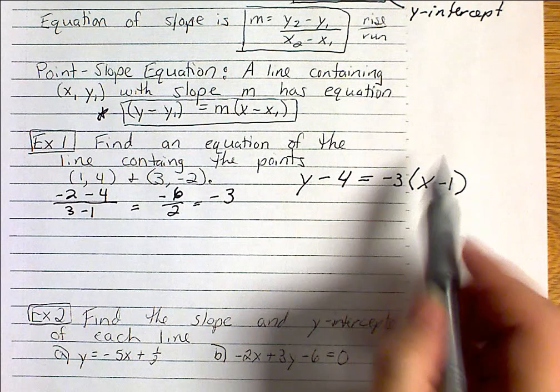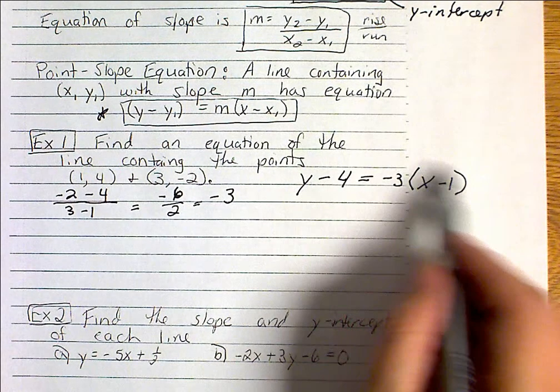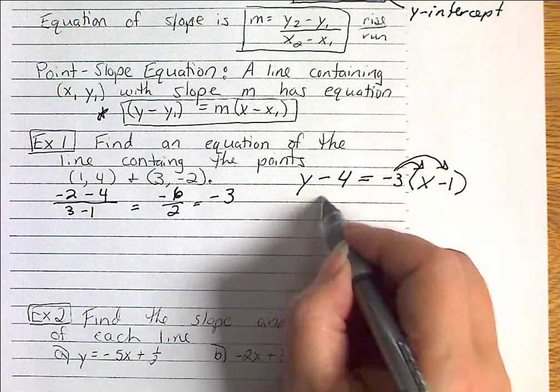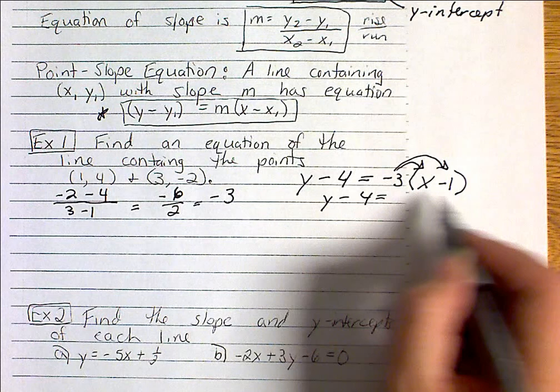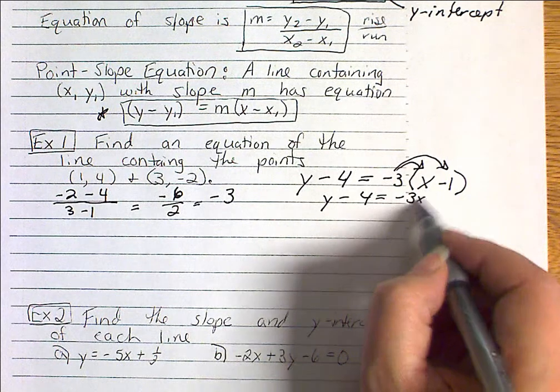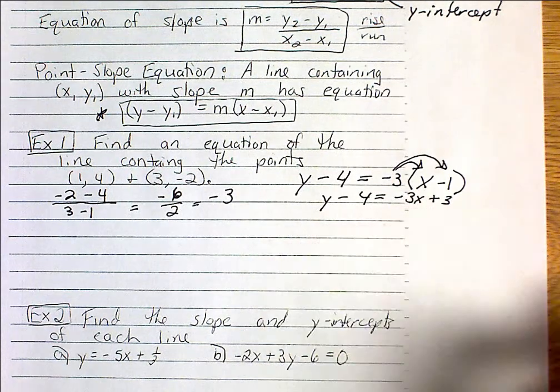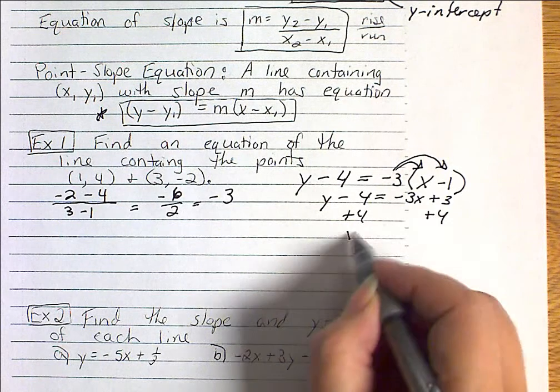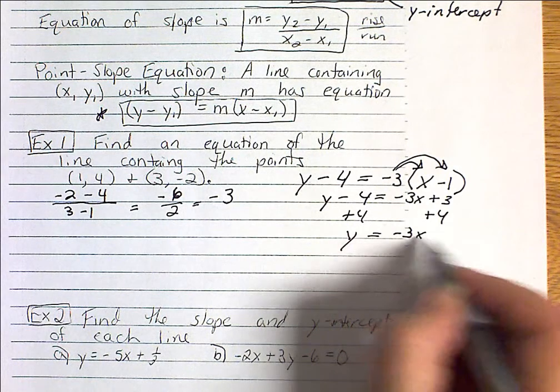What do we have to do here? Distribute. So I have y minus 4 is equal to -3x plus 3. And then add 4. So y is equal to -3x plus 7.